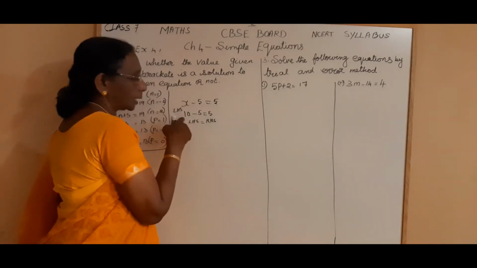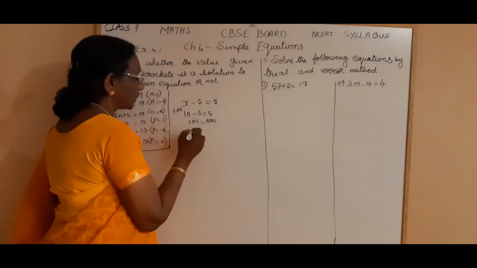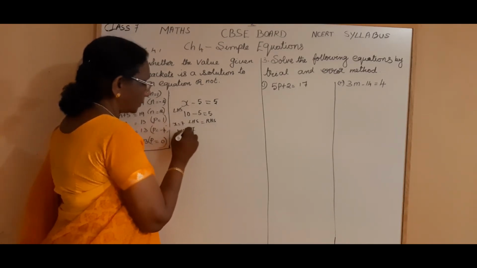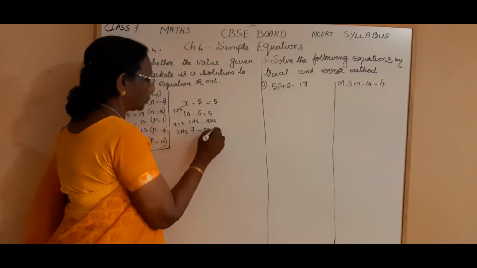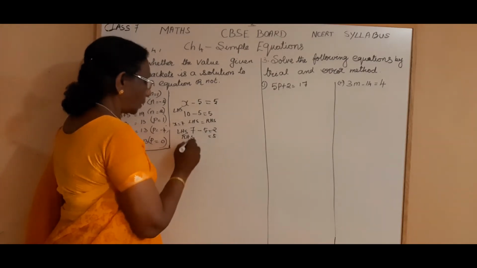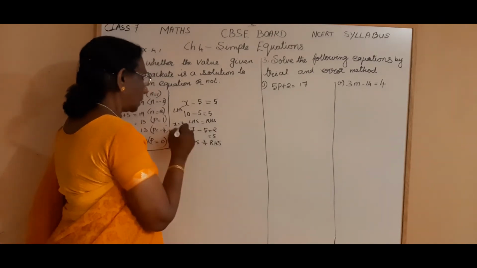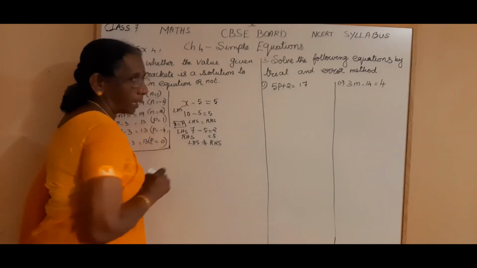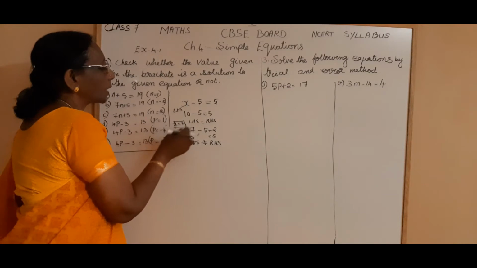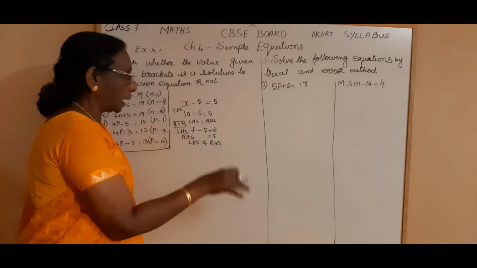Instead of substituting 10, if you substitute x is equal to 7, the LHS will become 7 minus 5 is equal to 2. But what is the RHS? RHS is 5. So, LHS is not equal to RHS. Therefore, x is equal to 7 is not a solution. Have you understood? So, the value of the variable that satisfies the equation is called the solution of the equation.